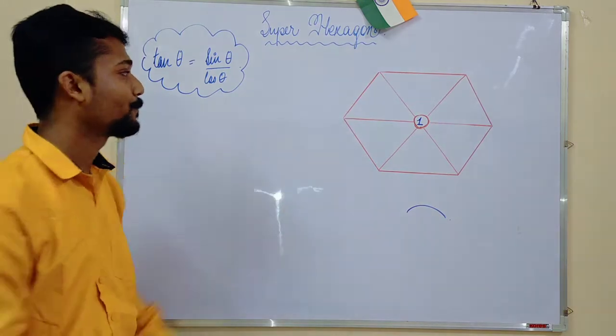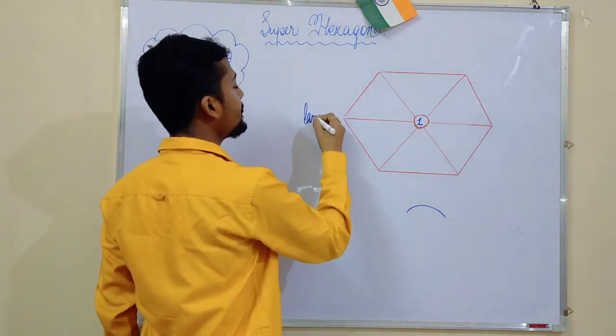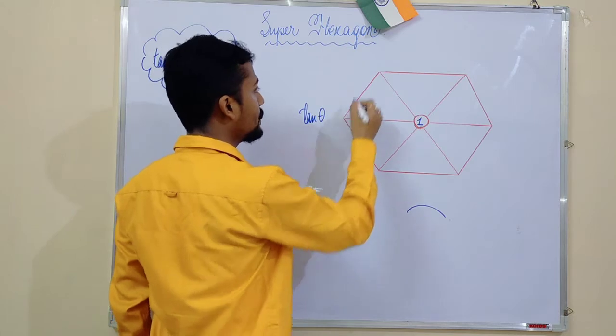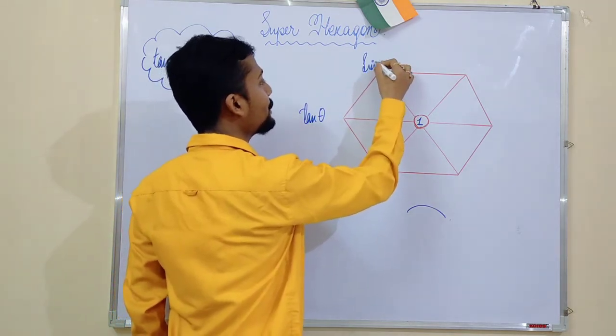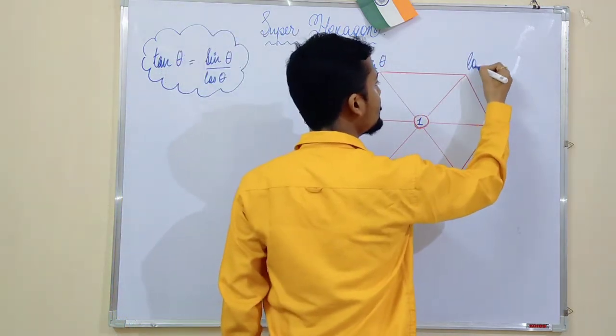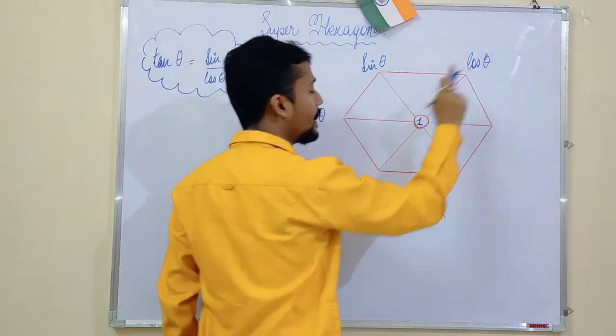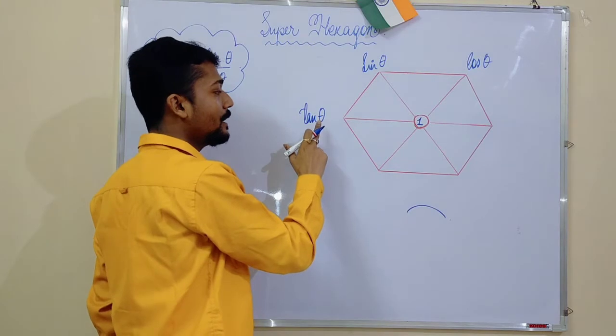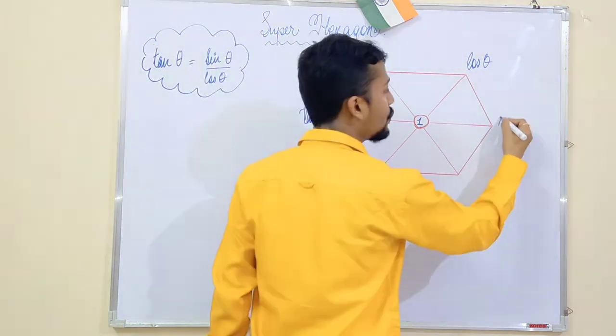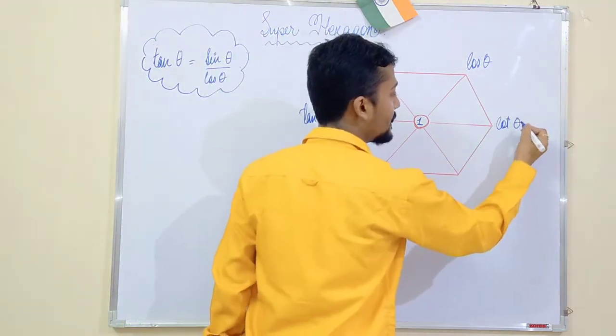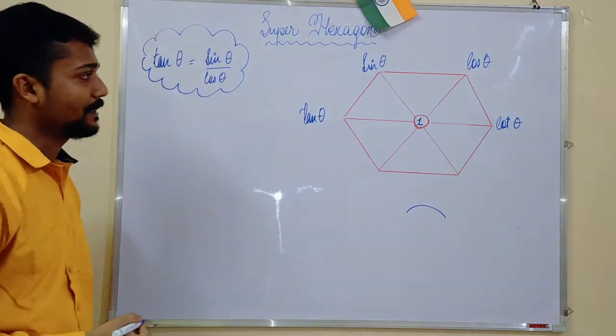Let us see how. First I will write tan theta is equal to sin theta by cos theta, isn't it? So I will write tan, sin, cos. Now always remember, opposite of tan we place cot. That means here it will be cot theta.